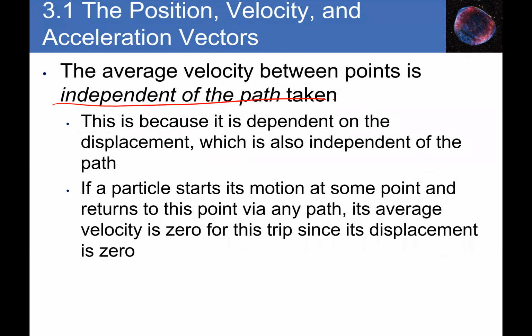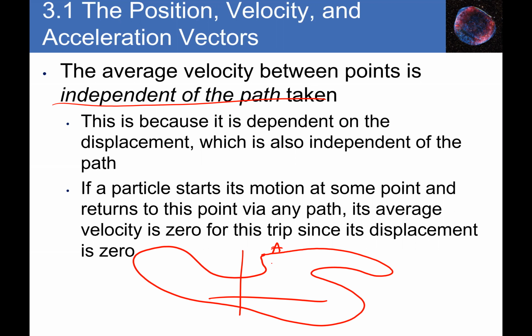Okay. And if a particle starts its motion at some point and returns to that point via any path, its average velocity is 0 for this trip, since the displacement is 0. And that's also something we talked about. Remember, whenever you have a round trip, displacement is 0 because you come back to the same position you started with. And that's also true for two dimensions. Here's point A. You start moving around and come back to this point A again.